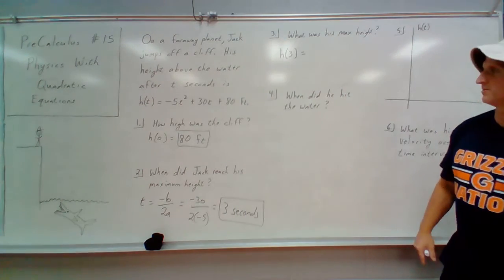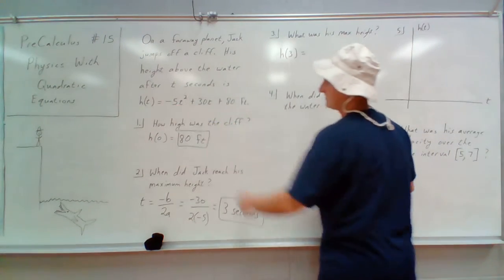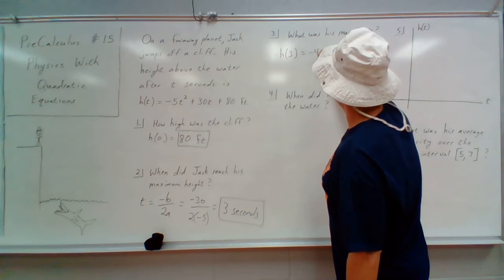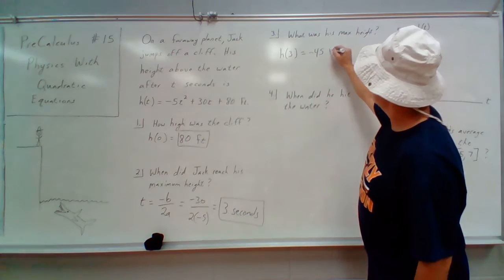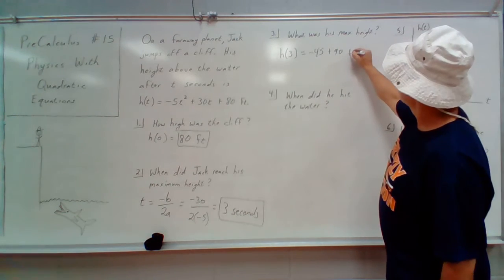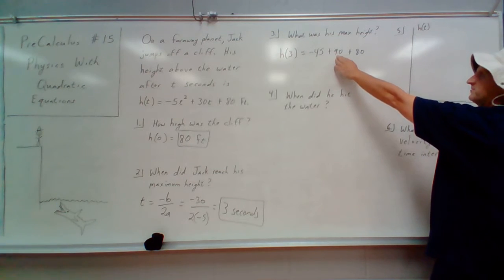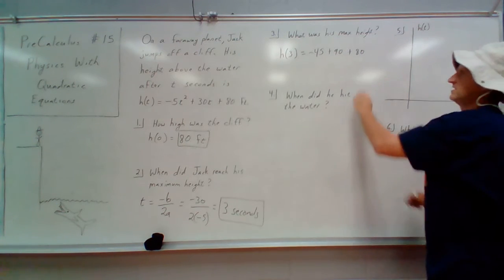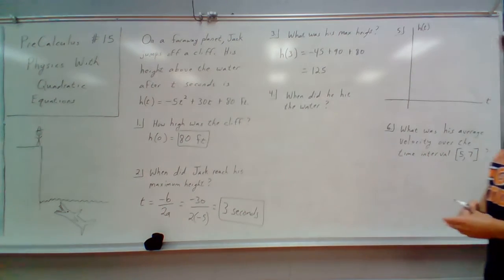I'm just going to plug 3 in here. 3 squared is 9. Negative 5 times 9 is negative 45. 30 times 3 is 90, so plus 90, and plus 80. Negative 45 plus 90 is 45. 45 plus 80 is 125.